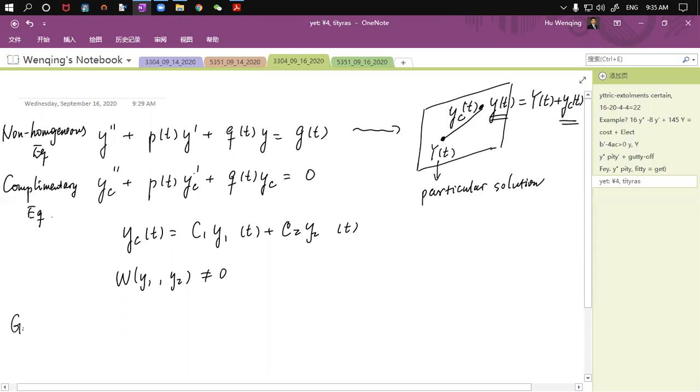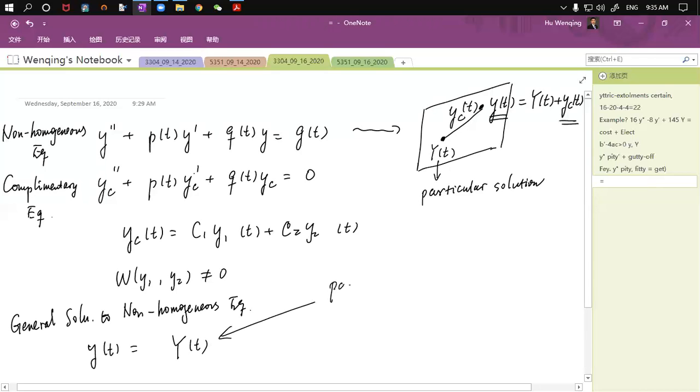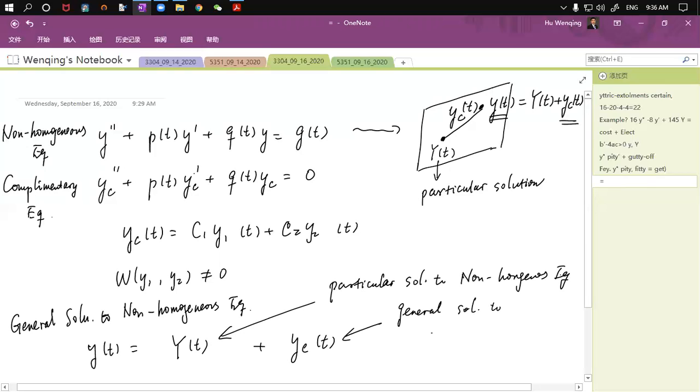So let me say the general solution to the non-homogeneous equation simply takes the form y(t) equal to capital Y(t), where capital Y(t) is what we call the particular solution to the non-homogeneous problem, plus yc(t), where yc(t) is the general solution to the complementary equation.